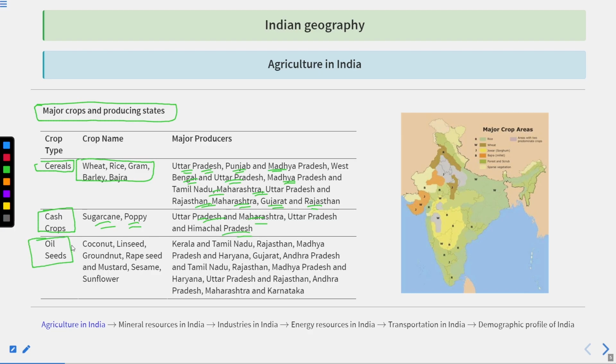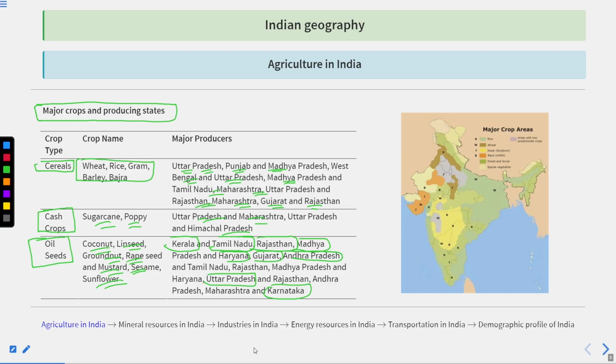Oil seeds: coconut, linseed, groundnut, rapeseed, mustard, sesame, sunflower. Major states are Kerala, Tamil Nadu, Rajasthan, Madhya Pradesh, Haryana, Gujarat, Andhra Pradesh, Uttar Pradesh, Karnataka.